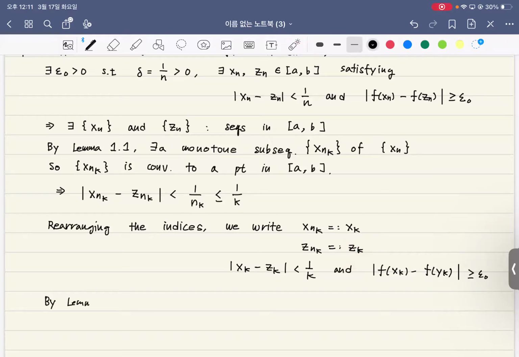So by applying the same lemma one more time, there is a monotone subsequence, which we call z_{k_l} of zk.